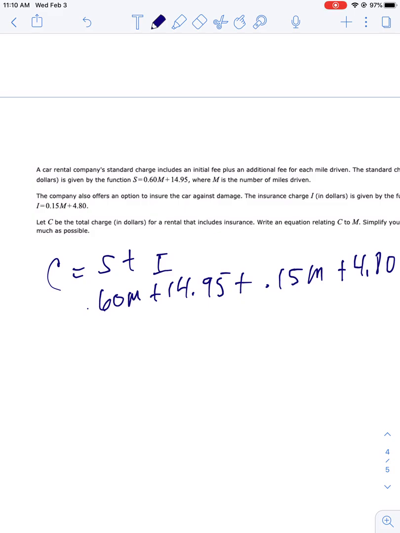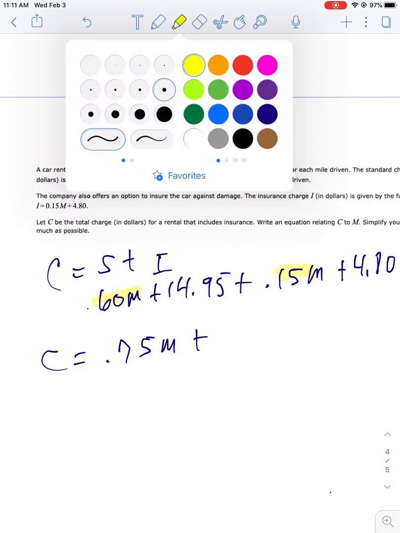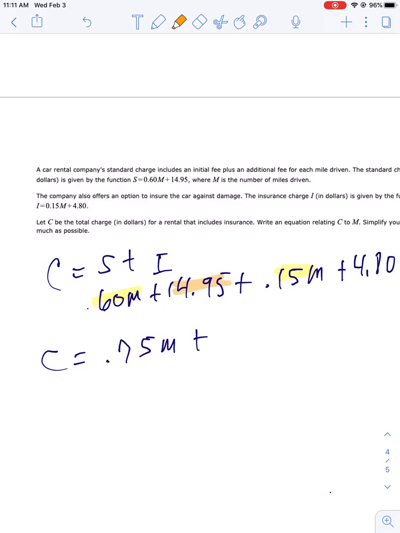So C is 0.6m plus 0.15m. Well, that's 0.75m. And then we're going to add our constant fees, which is 14.95 plus 4.80.